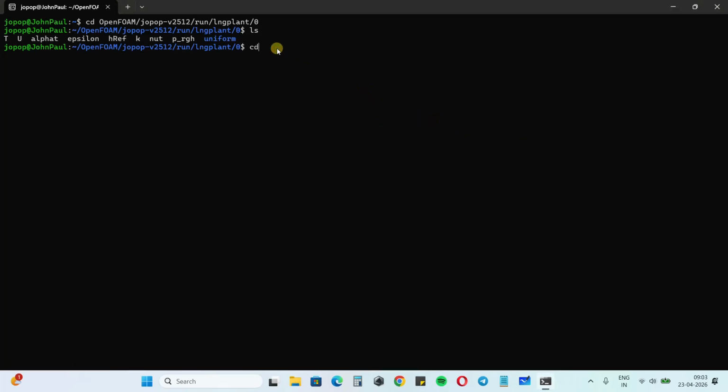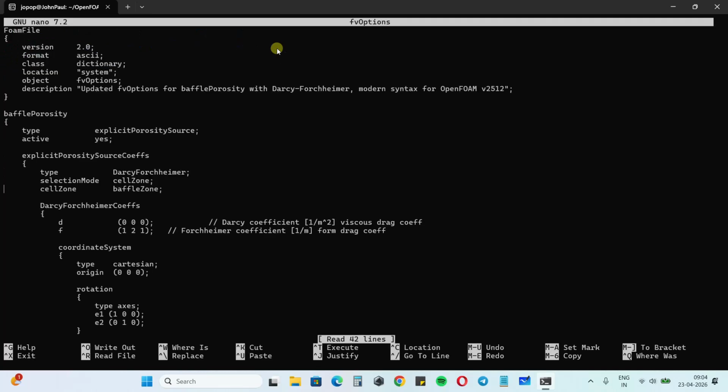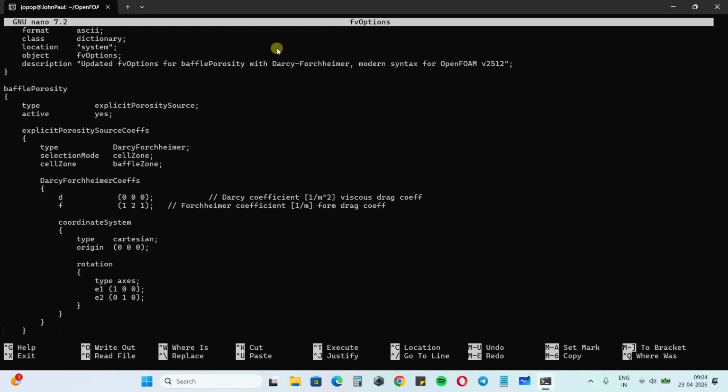Now we want to define the permeability options for our baffle zone, cell zone. For that, go back to the case folder and then to the system folder, and here we want to edit the finite volume options file. So open that. Here I have added a block called baffle porosity.